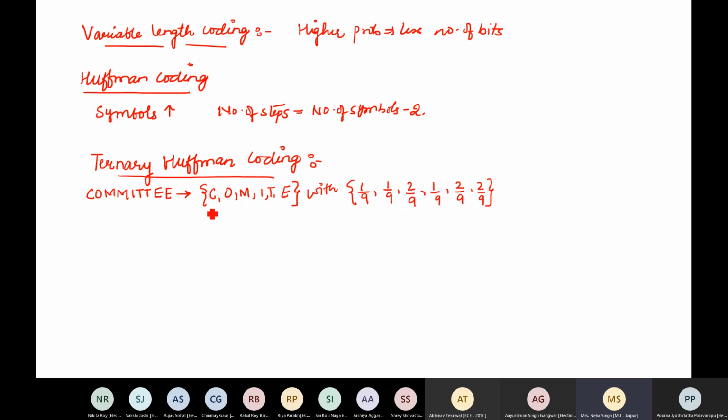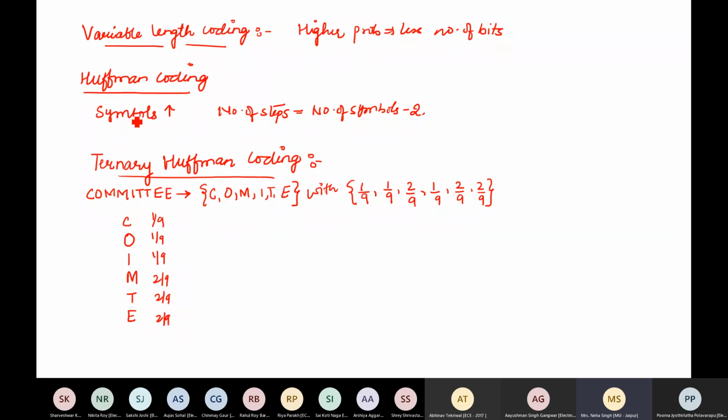So I arrange the symbols in the order of decreasing probability. Since I have 3 equal probabilities, I arrange the symbols as first come first serve. So I have C, O, I, M, T and E, such that the probabilities are 1 by 9 for the first 3 entries and 2 by 9 for the last 3 entries.